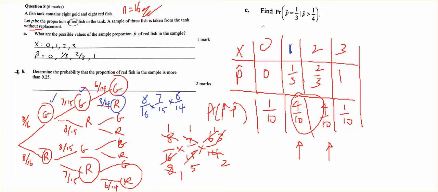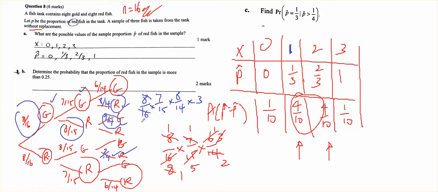And it's gold, red, gold, which is 8 out of 16, 8 out of 15, 7 out of 14. 8 by 7 by 8 over 16, 15, 14. And it's getting 1 red. Red, gold, gold, which will be 8, 8, 7 on top. So it's actually that by 3, because it can occur 3 different ways.